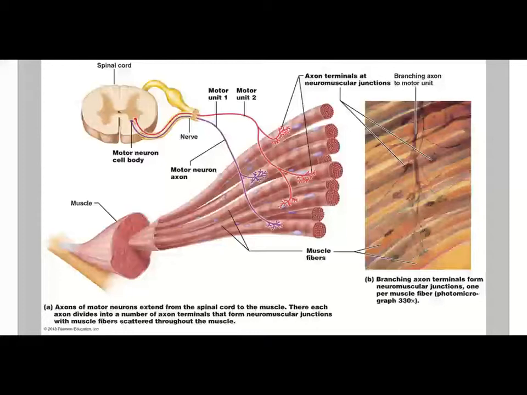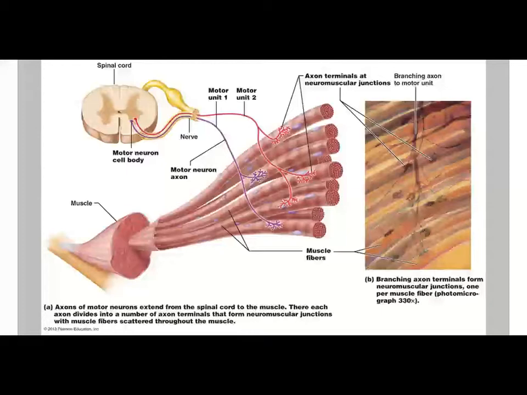So when we talk about motor units, a motor unit is one motor neuron and all of the muscle cells that they innervate. So here, motor unit 1 is this purple motor neuron and these 2 muscle cells. Motor unit 2 is this red motor neuron and the 3 muscle cells that they attach to.